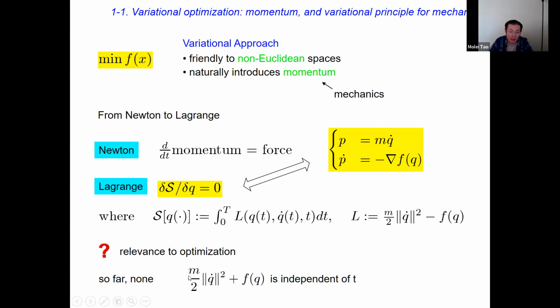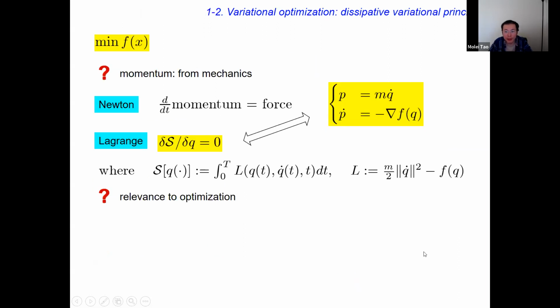But in plain language, you just have conservation of total energy. Kinetic energy plus potential energy is independent of time. So what happens if you follow this dynamics is that the value of F is just fluctuating because the potential energy is constantly exchanging with the kinetic energy. But that's really because you have this time translation invariance.